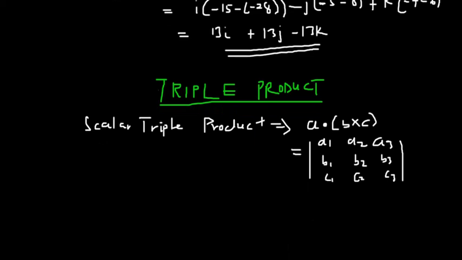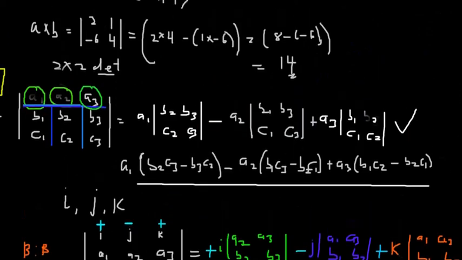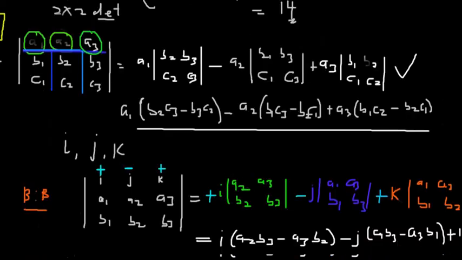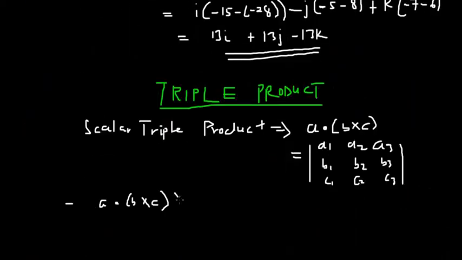Now there are some key points you need to know. The first point is that whenever you meet a scalar triple product, you do the calculation and find the determinant in this format, using the formula. If the answer you get is greater than 0, it means your scalar triple product is right-handed.